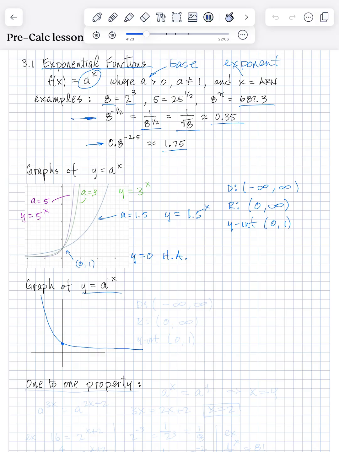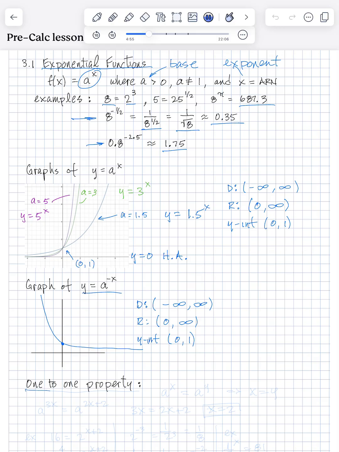So this is y is equal to a to the negative x. If we want to look at the domain of this, well, it's still negative infinity to infinity. Range is still the same, 0 to infinity. And the y-intercept is still the same, 0, 1.